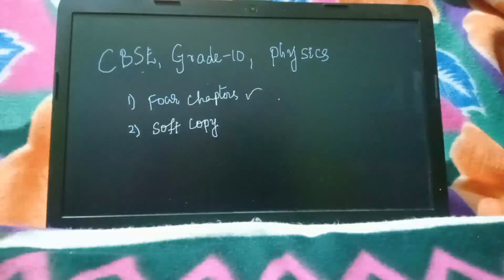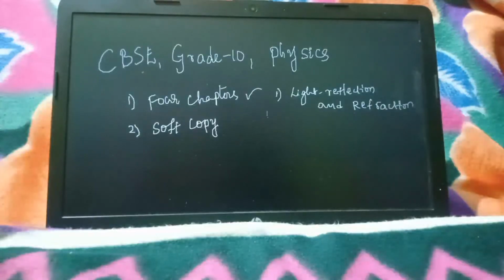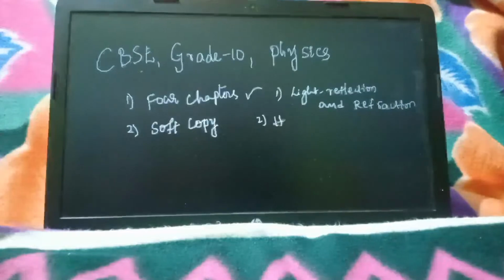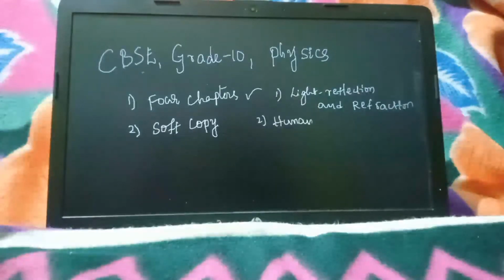First one is light reflection and refraction. Second one is human eye and colorful world.